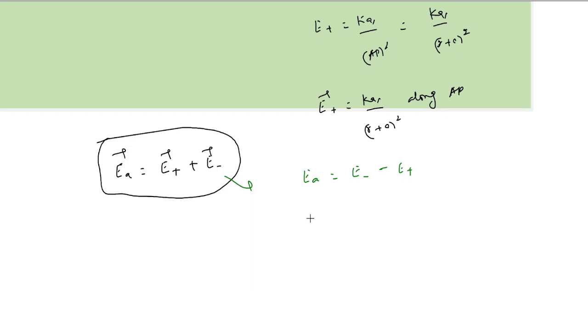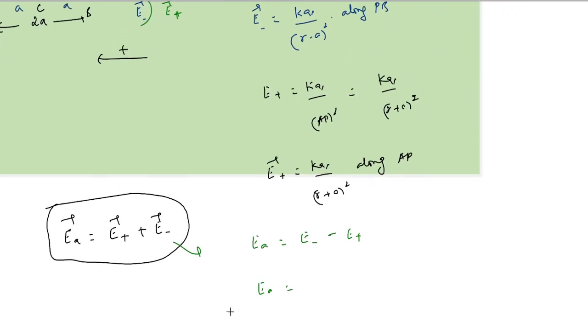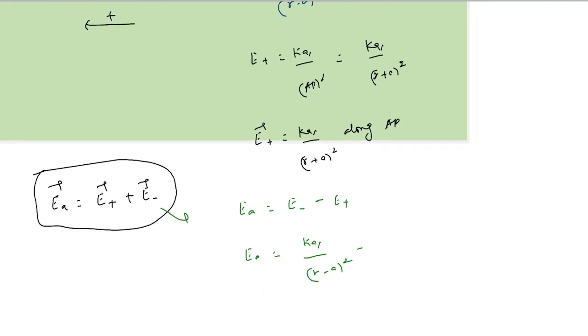Putting it back here, E_A is equal to E minus, which was given as kQ by (R minus a) the whole square, minus E plus, which is given as kQ by (R plus a) the whole square.